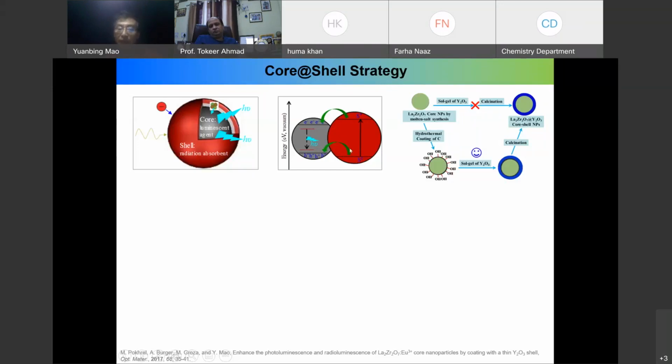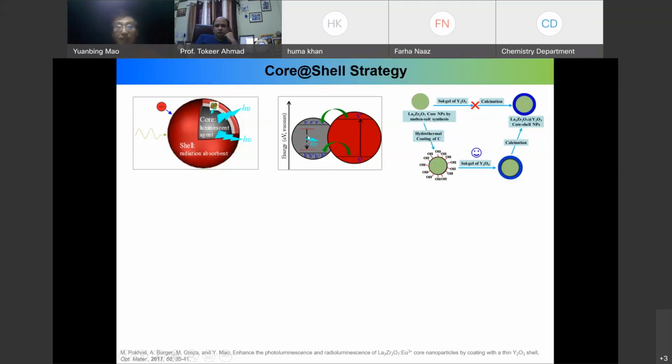But the advantage of this core-shell material is that the shell also can be excited and can generate those charge carriers. And then because of this type of band structure design, those charge carriers will transfer to the core material, and that will help to increase the photoluminescence, right?